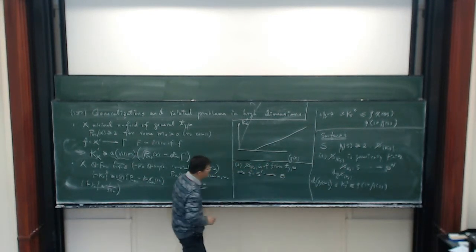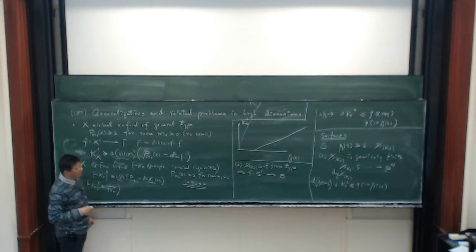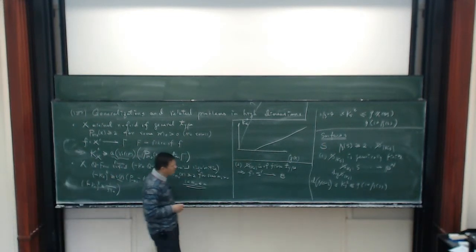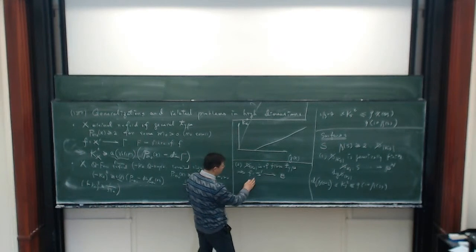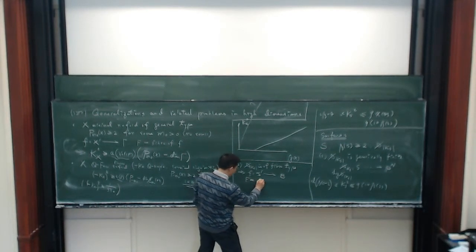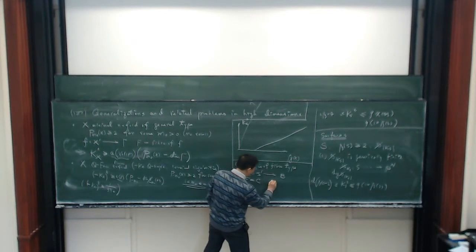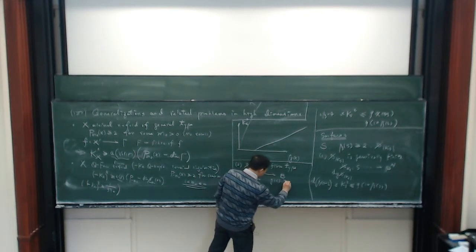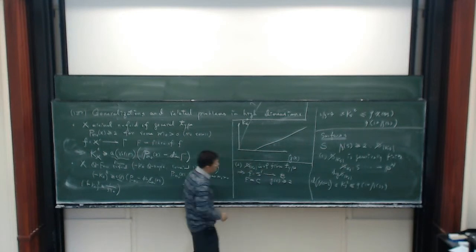So this is a canonical fibration. Then the fiber is a curve C, and of course g(C) is at least 2.